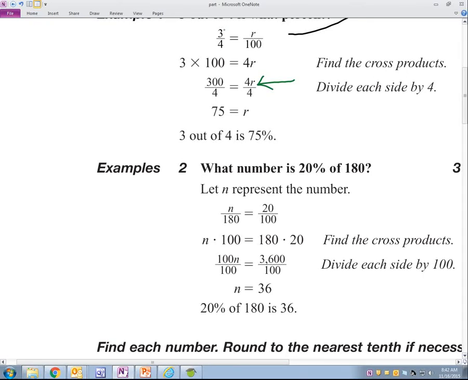Yep. Yes, that's why I rewrote it just now. So they did 3 times 100, they got that. And they did 4 times r, which is that.